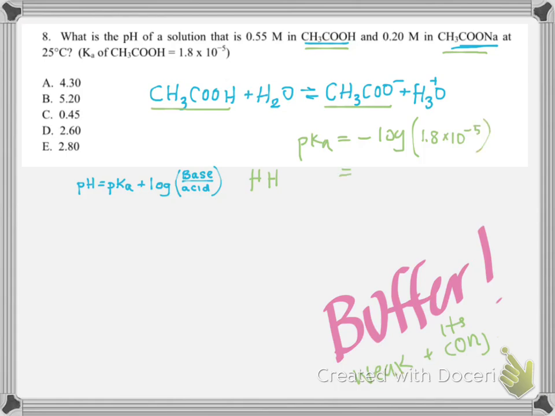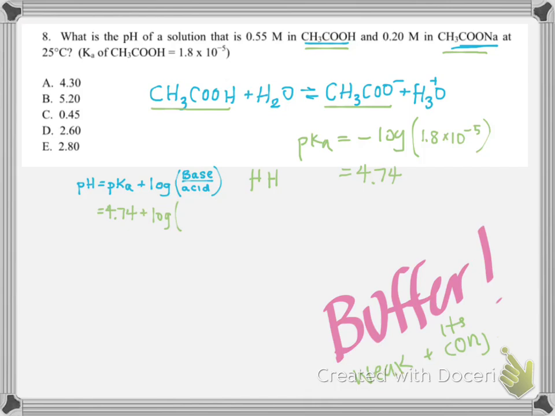And it ends up being 4.74. Okay, easy enough. So then we go to use this equation. We use 4.74 for the pKa. Now plus the log of our base divided by acid.